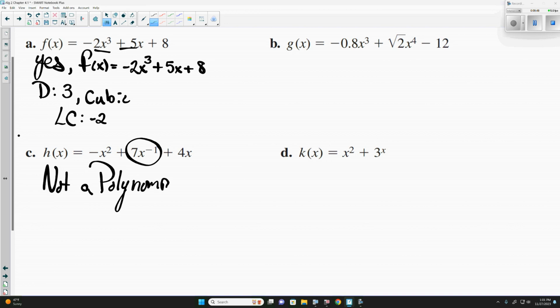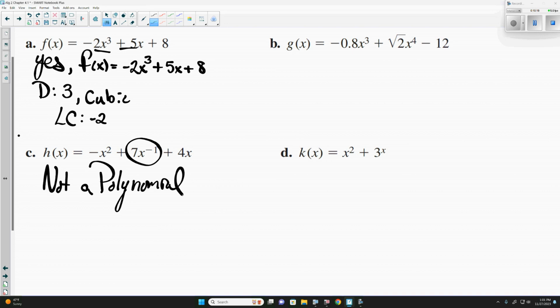It's not a polynomial function because of the x to the negative 1. Incidentally, this would make it a rational, because that is a rational part. Well, we don't have to put it in standard form, say the degree, type, or leading coefficient, because it is not a polynomial function.